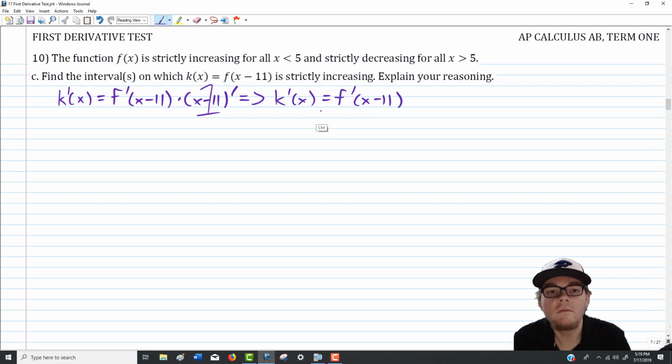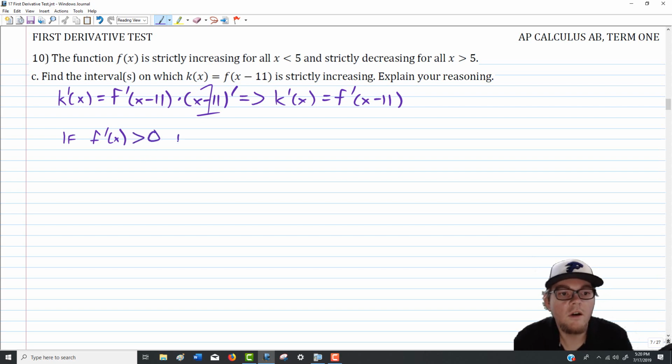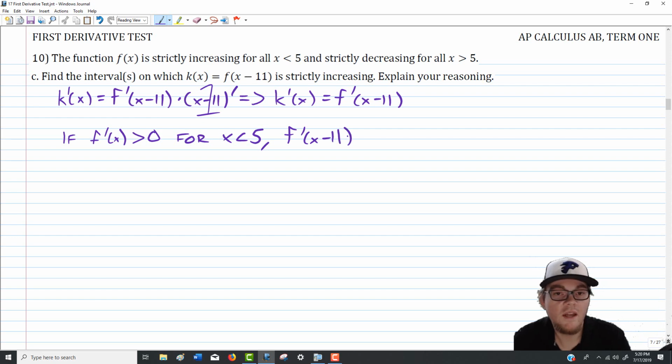So now, we've got to think about some other things. In other words, we need to think about how this connects to f prime. If f prime of x is greater than 0 for x less than 5, then f prime of x minus 11 is greater than 0 when its argument x minus 11 is less than 5.